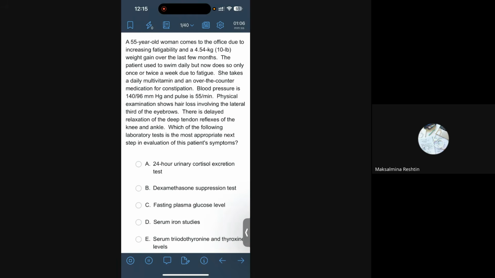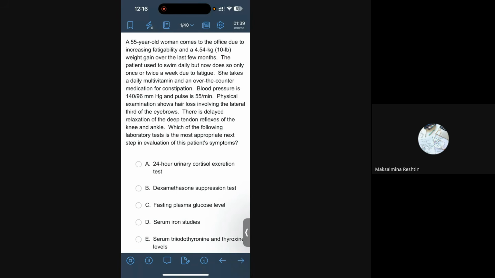Now see all the abnormal findings in this patient. Increased fatigability, weight gain. The patient is much more fatigued now. Some weight gain is not due to the fatigue.